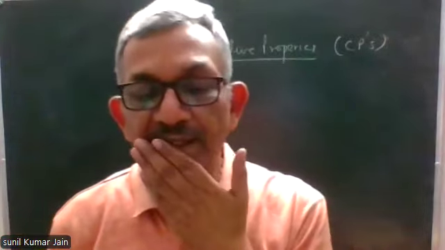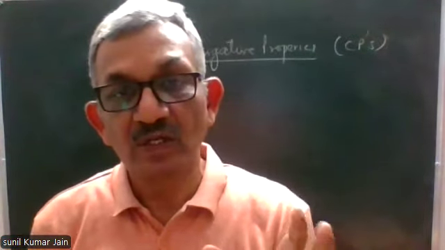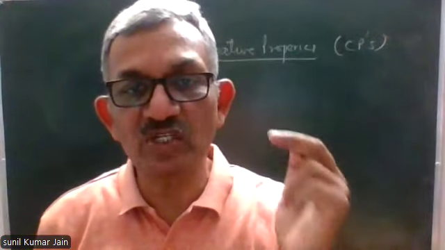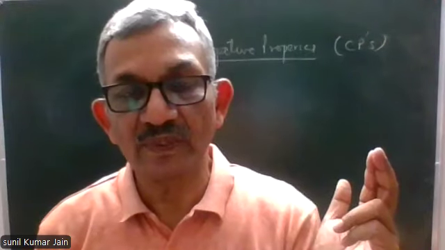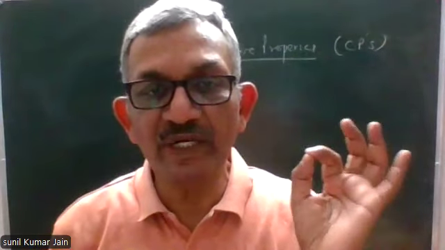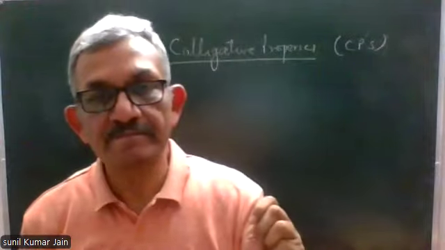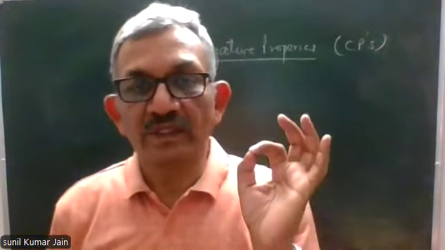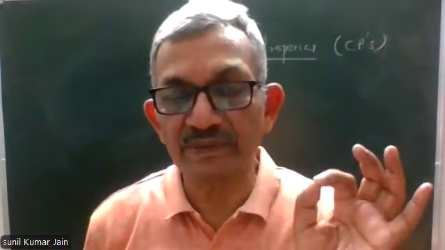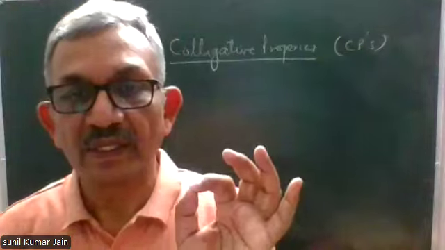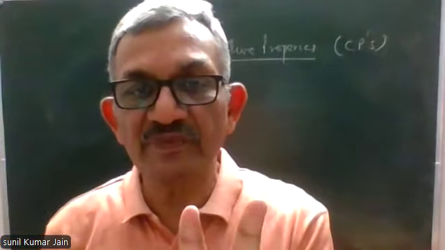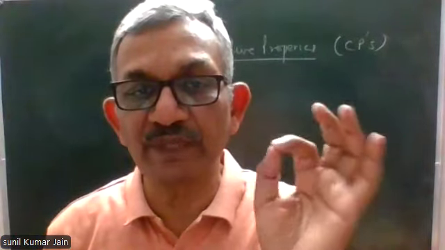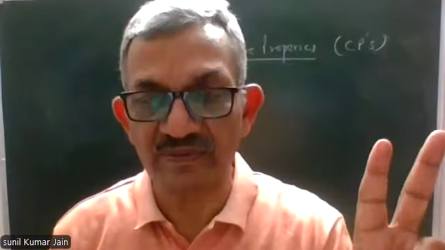Right, these are those properties of solutions which depend on the effective number. Underline these two words, effective number. The meaning of these two words, effective number, you'll be able to understand after 2 classes, right?